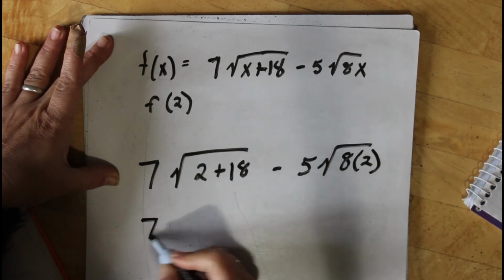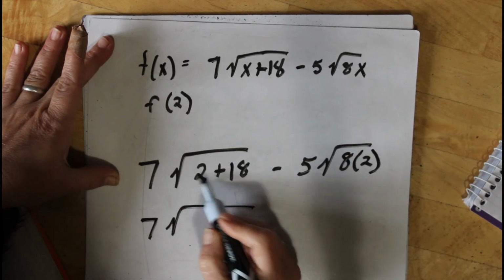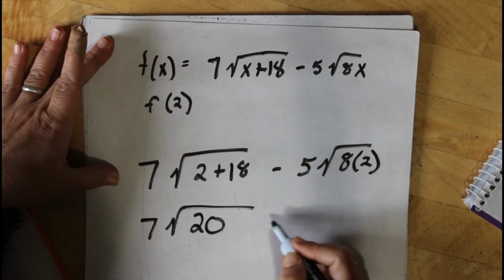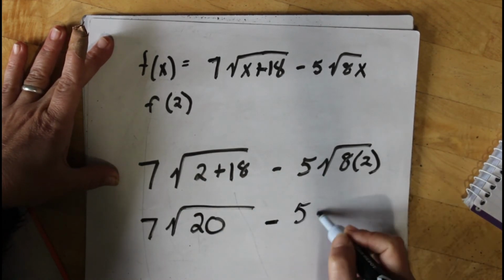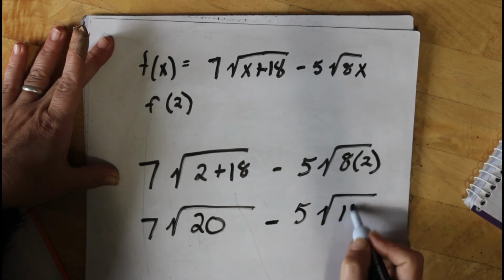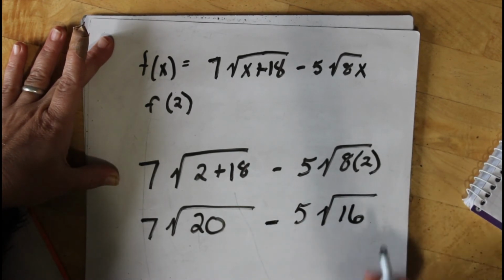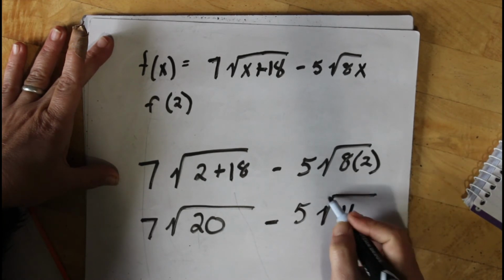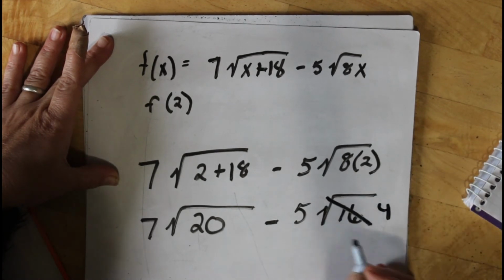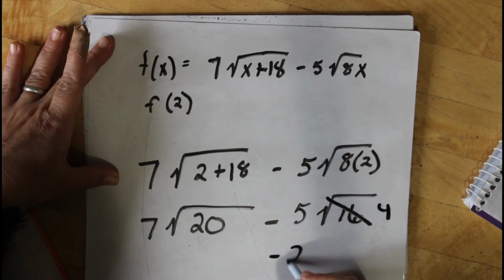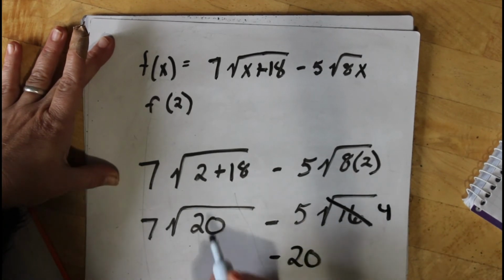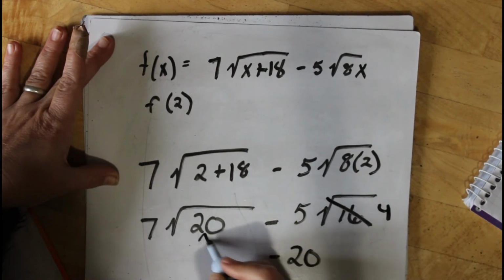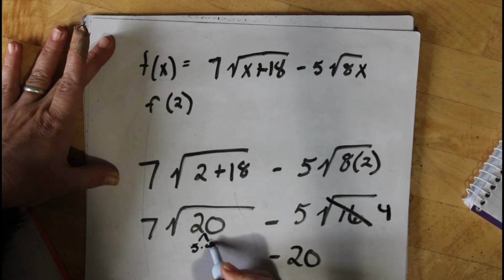All right, so 2 plus 18 is 20. And then we got our 5. 2 times 8 is 16. The square root of 16 would be 4. So 5 times 4 is 20. Over here, we can break this one down. 20 will be 5 times 4.